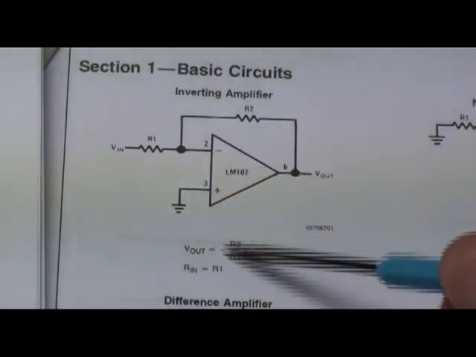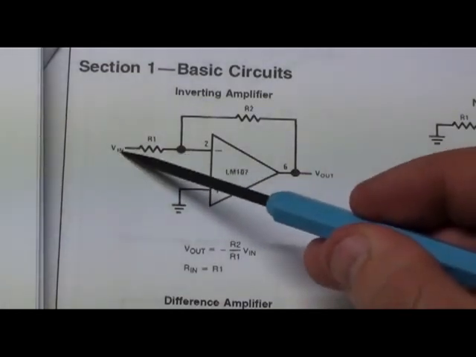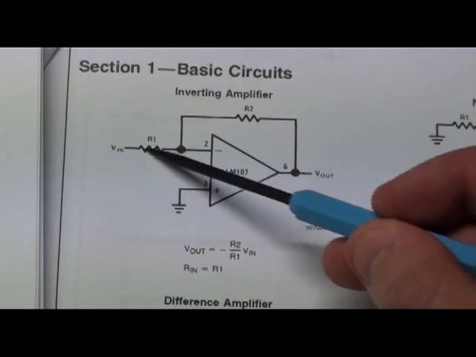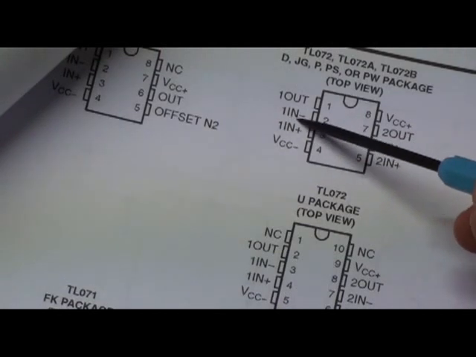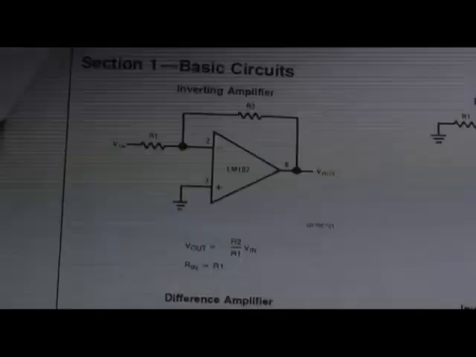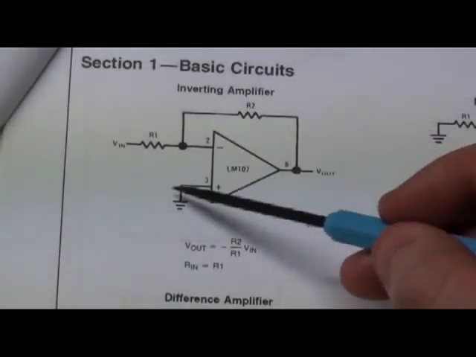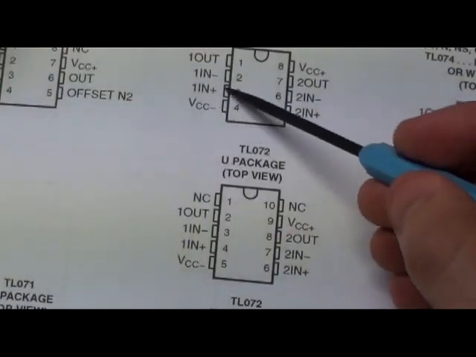So if we want to connect this circuit up, we need to have our V in, get an R1, and connect R1 into the minus, which will be pin 2 on the little black chip. Then we take ground and hook it up to the plus on the chip, which will be pin 3.